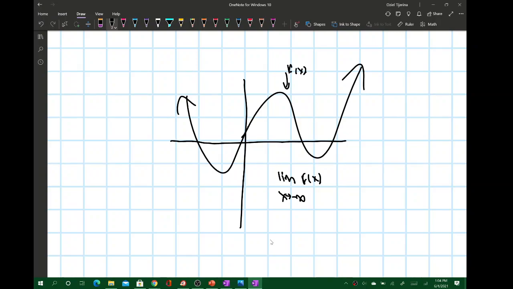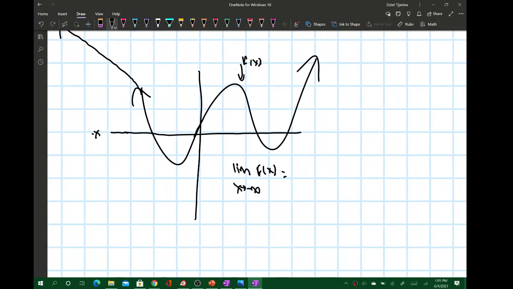Well, as we go less and less in our x-axis, it's going to keep going up in the y term, right? So that means the limit as x approaches -infinity of f of x is going to be infinity.